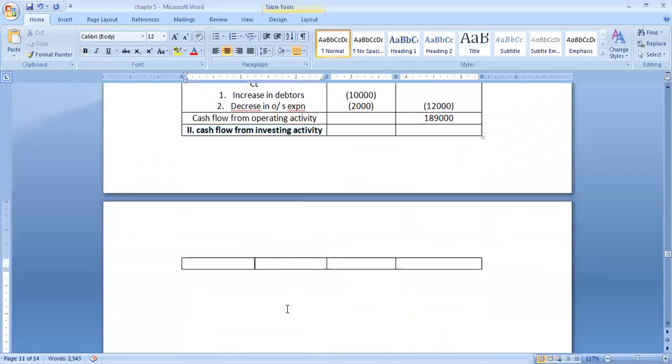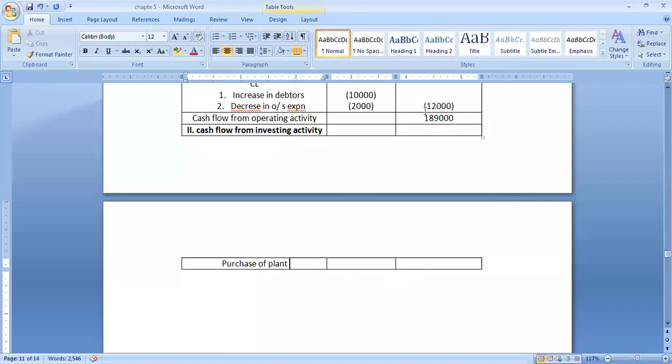So you got the purchase of plant. Take the transactions of purchase of plant.